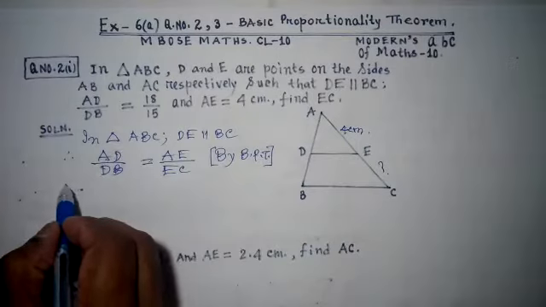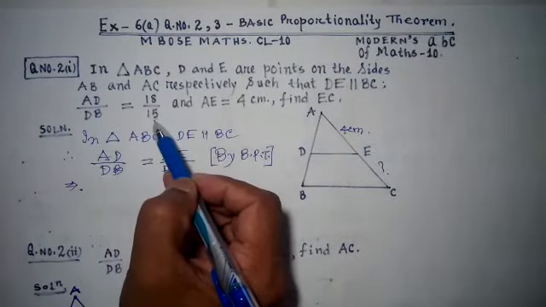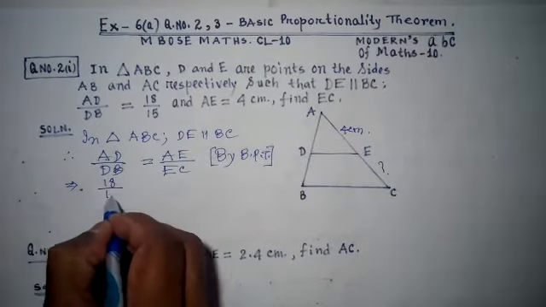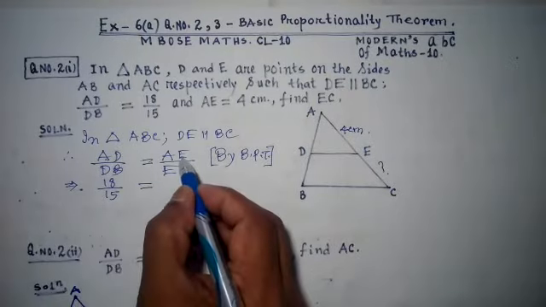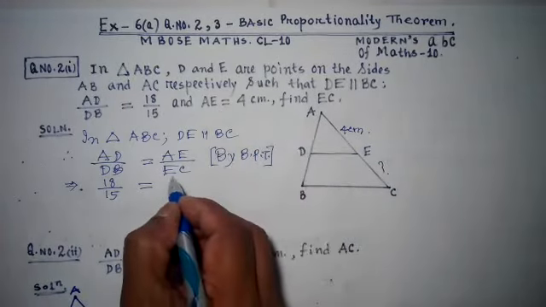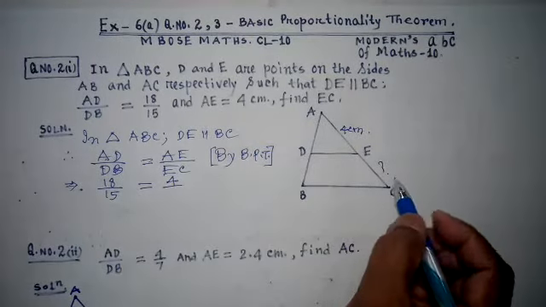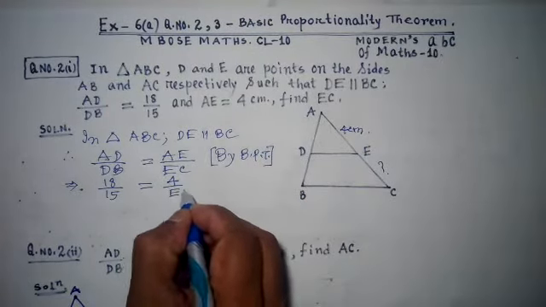And now see the value of AD by DB is given in the question, 18 by 15. So write here 18 by 15. The value of AE is also given, 4 centimeter in the question. So here we can write 4 by EC. This EC we have to find. So EC will remain EC.